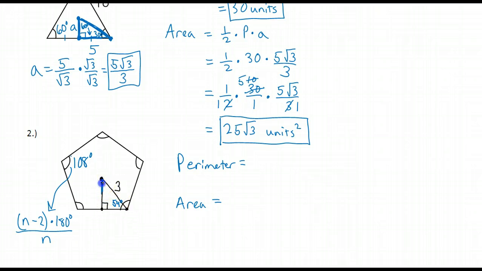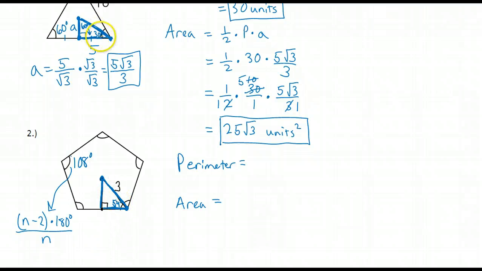Now in this triangle, I have my apothem, and I have a segment drawn in from the center to a vertex, and then I have half of one side. And I know that this angle is 54 degrees.